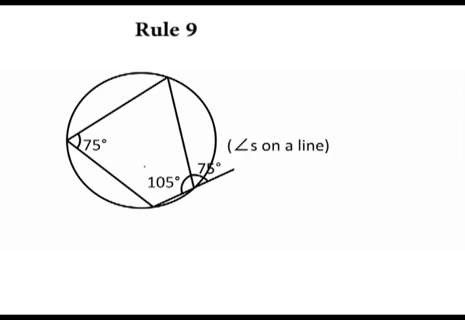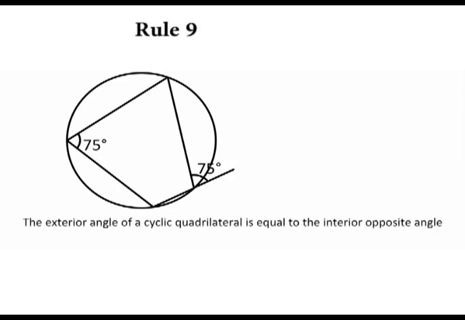But certainly, you can see that the 75 degrees we started with is equal to the 75 degrees we found in the end. And so we can remove this 105 degrees and see the two 75 degrees angles. That is, the exterior angle of a cyclic quadrilateral is equal to the opposite interior angle.